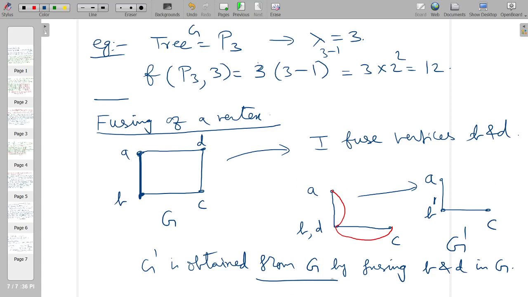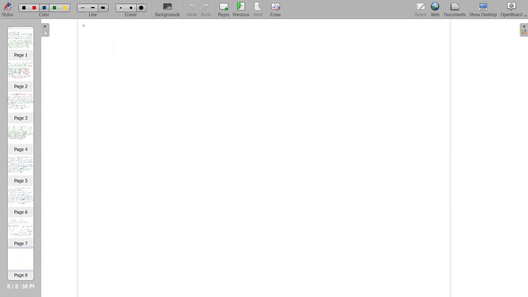Using this, I will state a particular theorem. The proof I will not be giving here, and I will use that theorem to find the chromatic polynomial of any general graph.